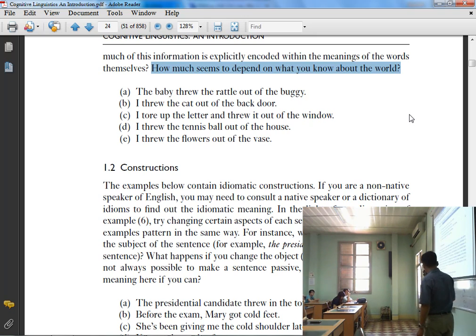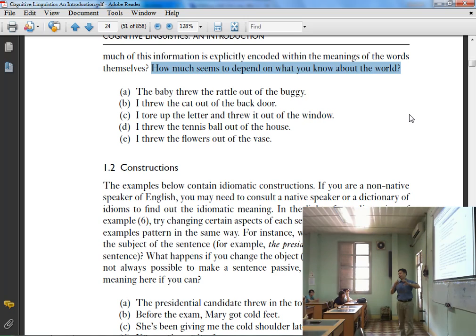Now, I am able to interpret and illustrate all these things using these image schemas because I understand the meaning.